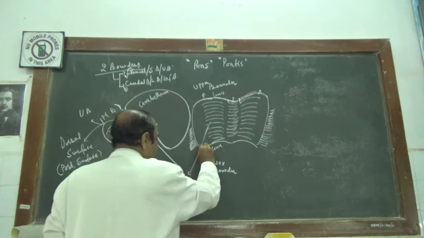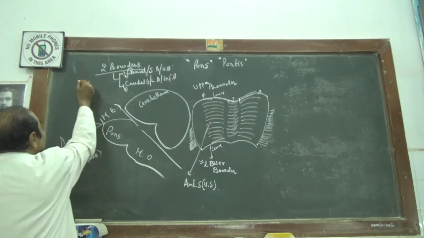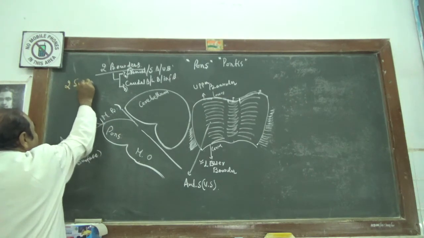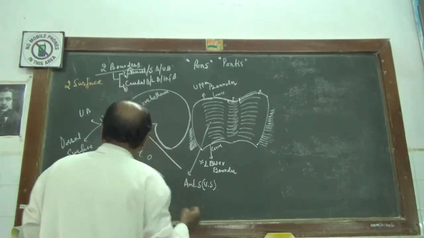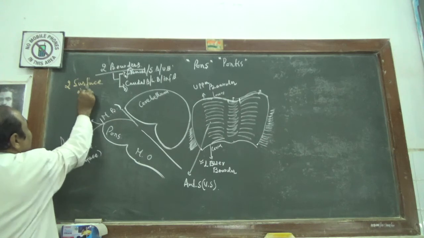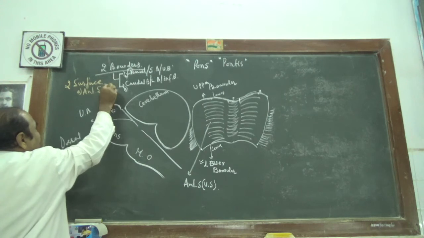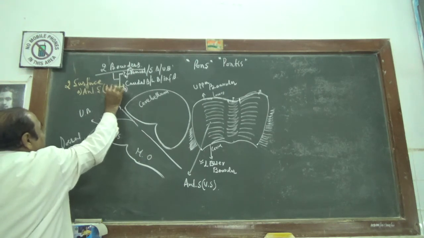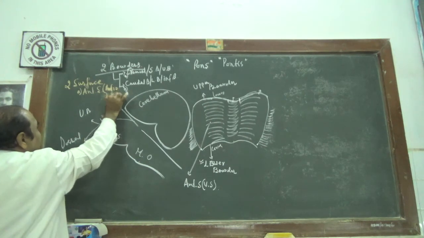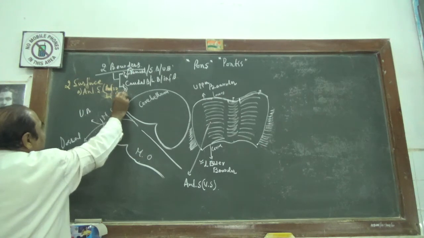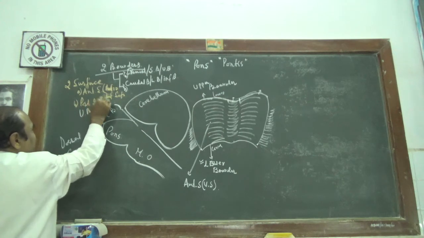Now you have got the two surfaces. Those two surfaces that you will be seeing: this is the anterior surface, or rather antero-superior surface, antero-inferior surface, then the posterior superior surface.